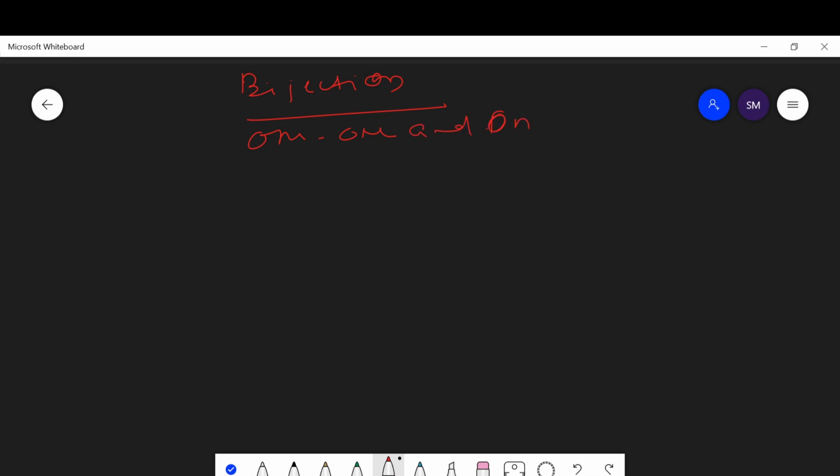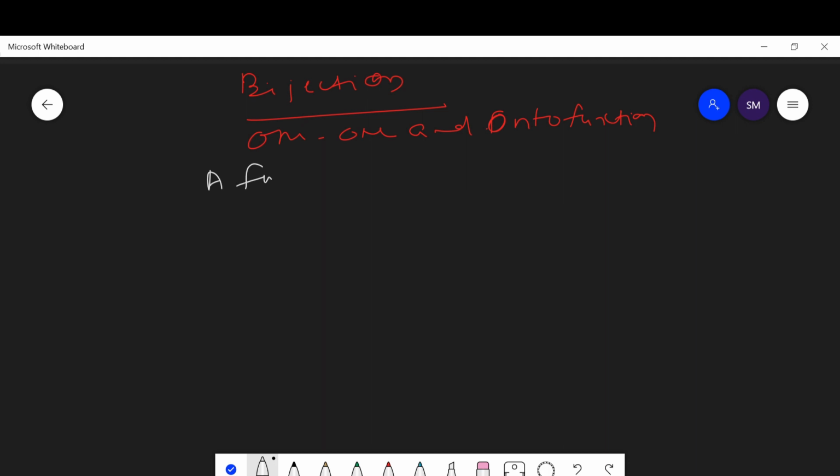A function which is both injection and surjection, meaning both one-one and onto, is called a bijection function.